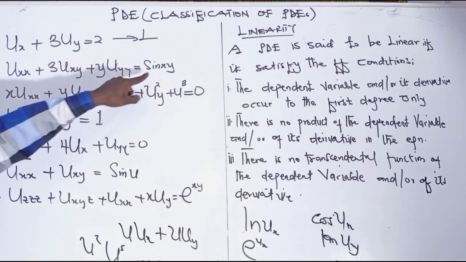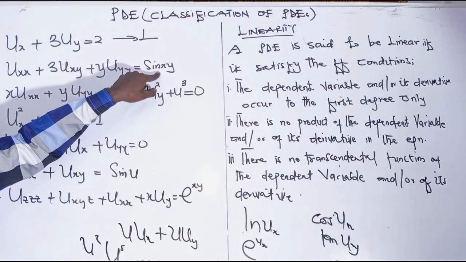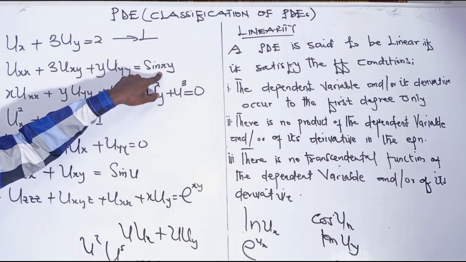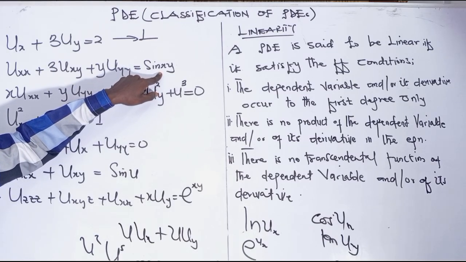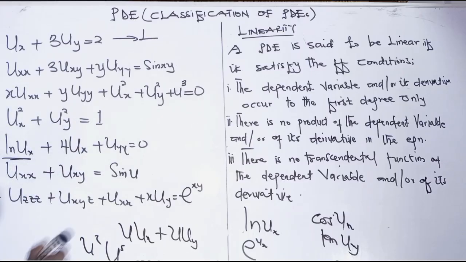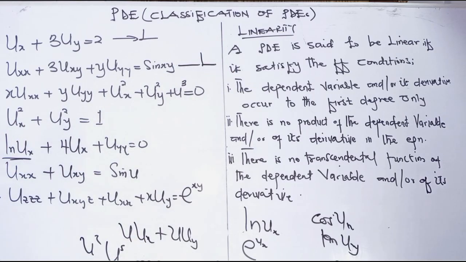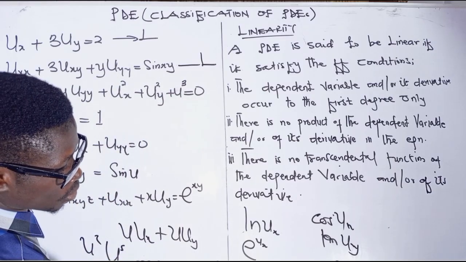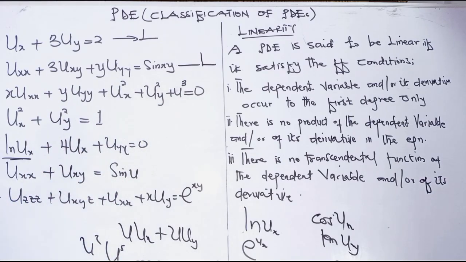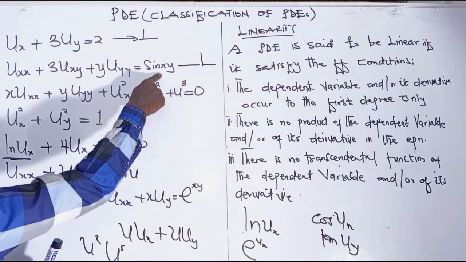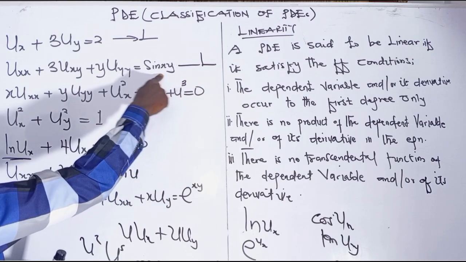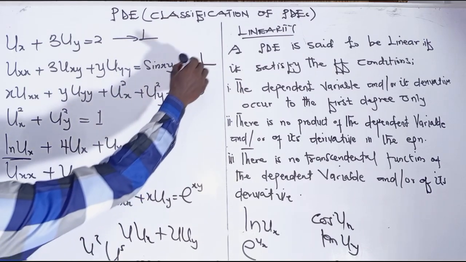We have a transcendental function here, sine, but it is not on the dependent variable, but rather it is on the independent variable. So this is also a linear PDE. If this part was to be sin ux or sin u, then it would have been nonlinear. But because it is on the independent variable, it is what? A linear PDE.